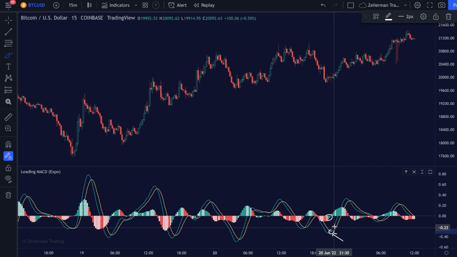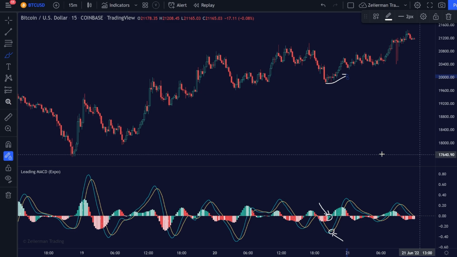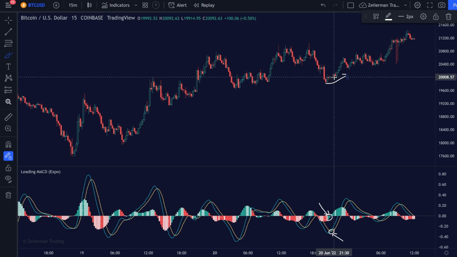And this gives us a heads up about a potential MACD cross even before the MACD cross happens, right? And this feature helps us to understand that a MACD cross is likely to happen and a bullish move in this case is likely. So this feature is really powerful and helps us traders to plan for our next trade.